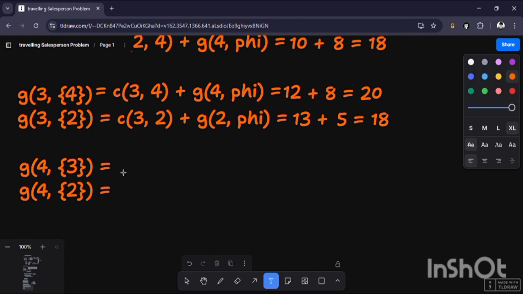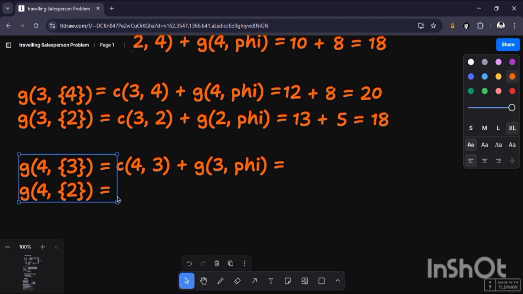What will be the value of this? g of 4 comma 3 will be cost of 4 comma 3 plus g of 3 comma 5, and for this one it will be cost of 4 comma 2 plus g of 2 comma 5.